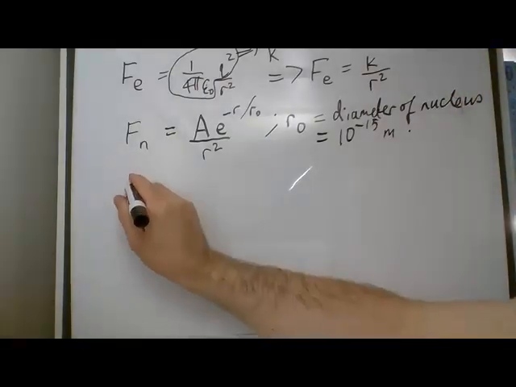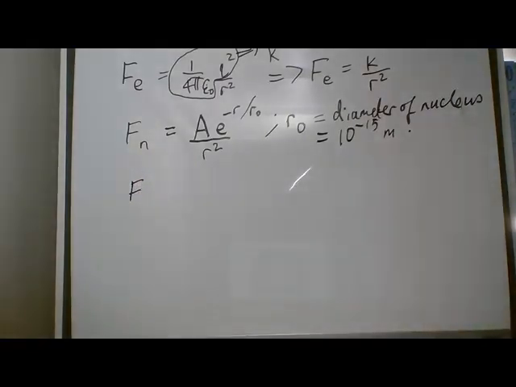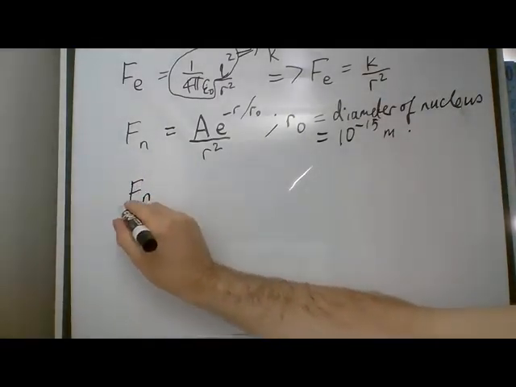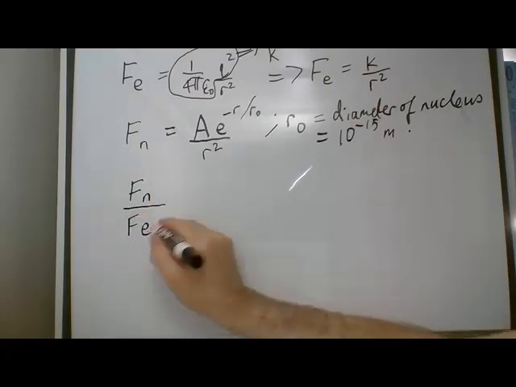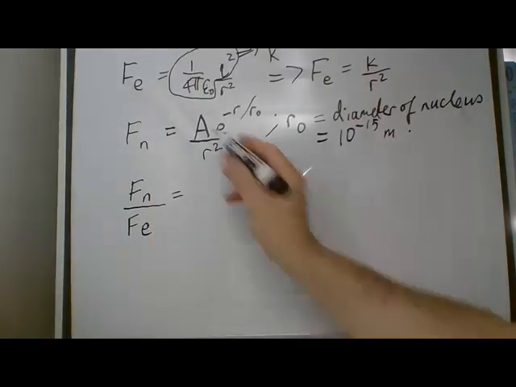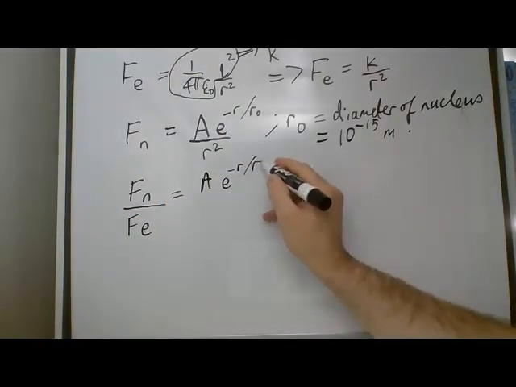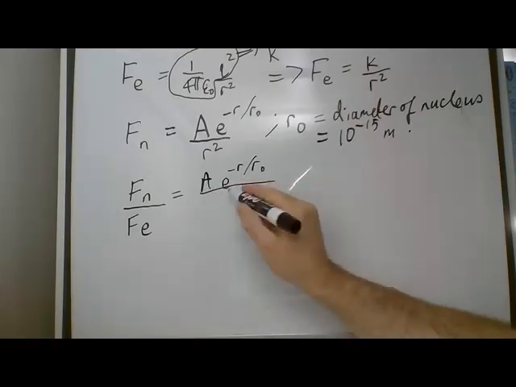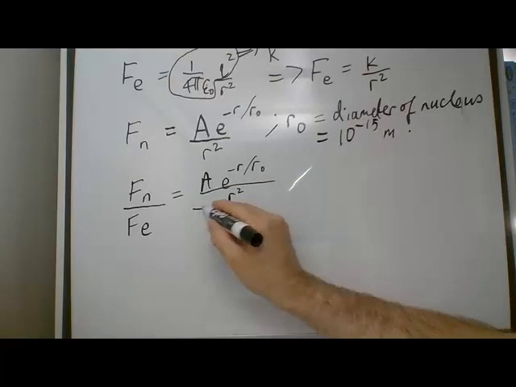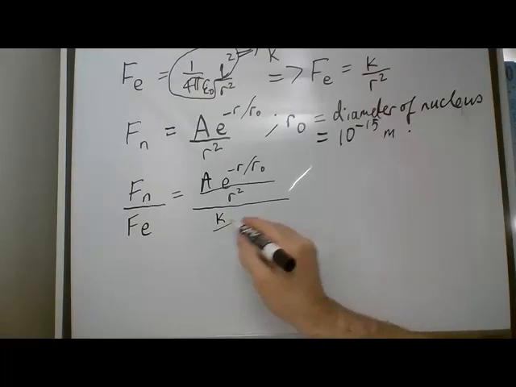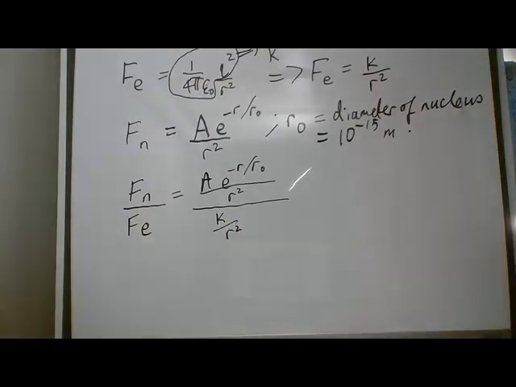So we're looking at the ratio of the nuclear force to the electrostatic force. Well, this is equal to the constant A, e to the minus r over r0, over r squared, and then F_e is K over r squared.